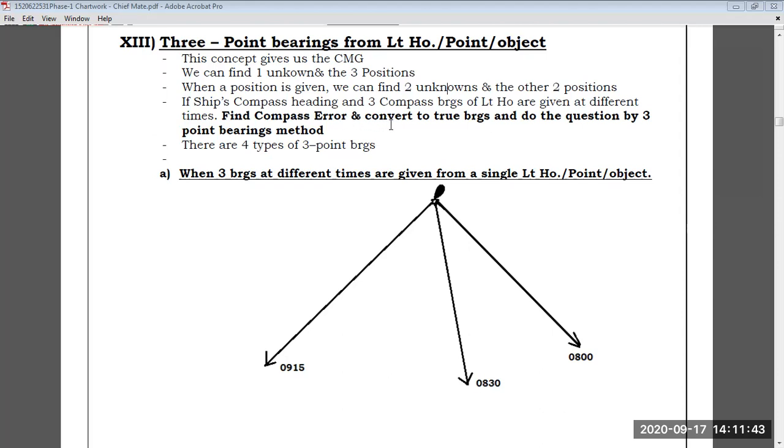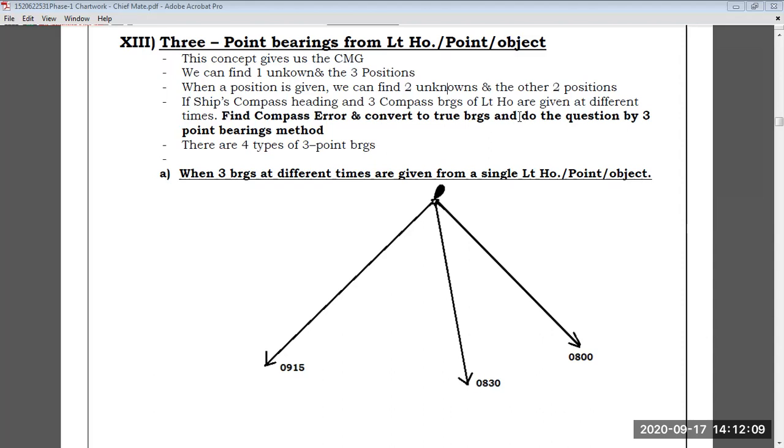Find the compass error and convert to true bearings. So if we have the compass bearings and we have the ship's head, we have the compass error, and we can convert to true bearings. So if you have the ship's head and three bearings, we will do it by the 3-point bearing method. If you don't have the ship's heading, then only we do the horizontal sextant angle method.